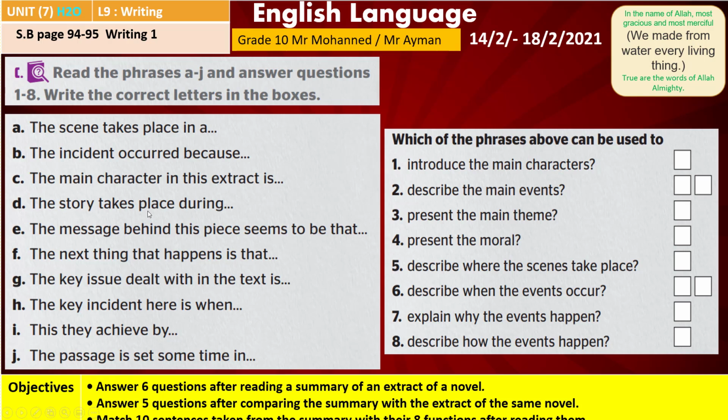The story takes place during. The message behind this piece seems to be that. The next thing that happens is that. The key issue dealt with in the text is. The key incident here is when. And this is achieved by. The passage is set sometime in.